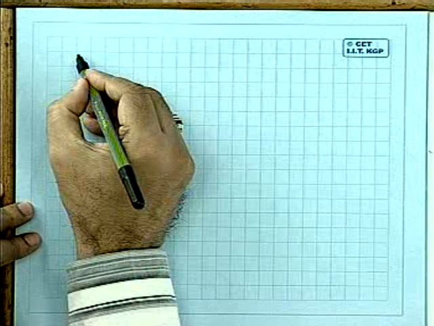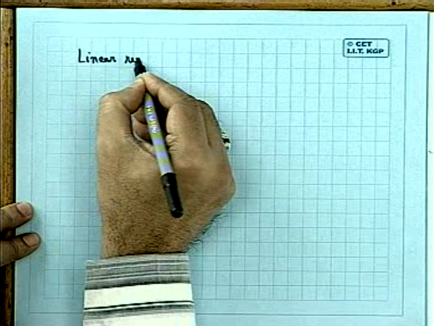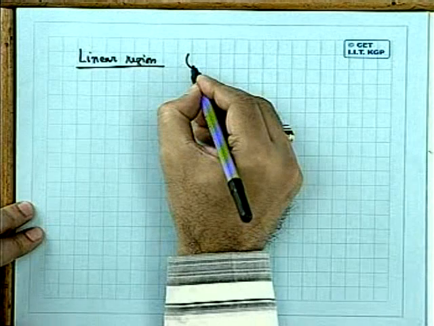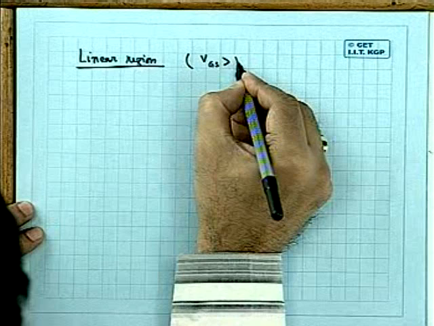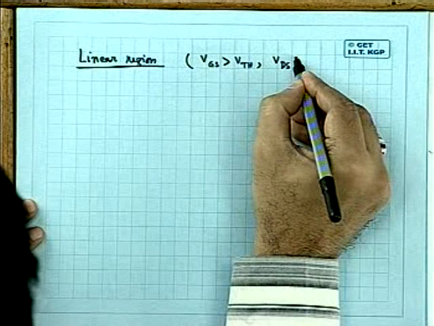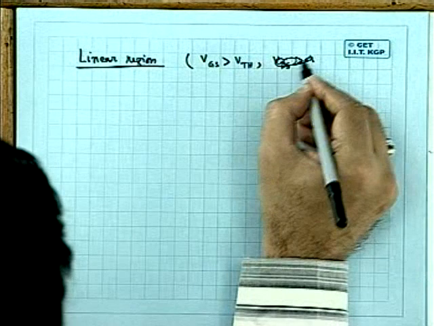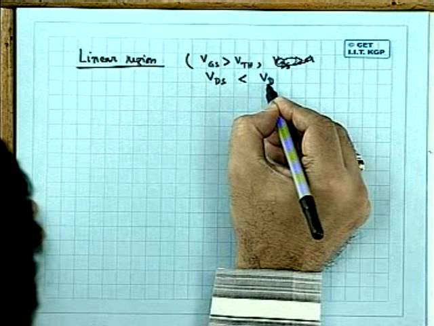And in linear region, as before, which is defined as before, VGS is greater than VTH and VDS is less than VDSAT.